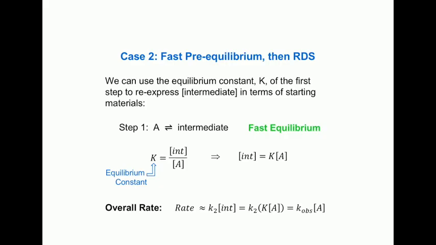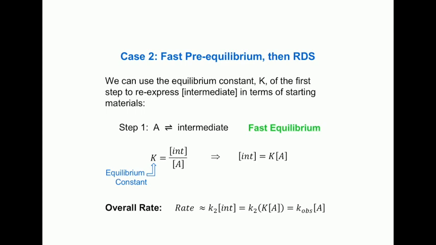So how do we do this? One approach is what's called the pre-equilibrium expression. If we assume the first step is a fast equilibrium, I can express it with an equilibrium constant, not a rate constant, so capital K. If you remember, for an equilibrium, capital K equals products over starting materials, as we did for acid-base reactions.